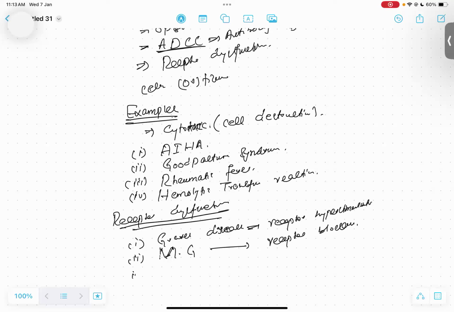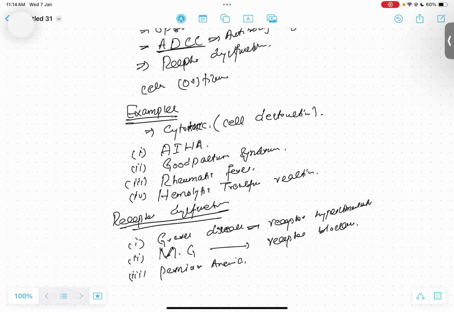And the other one is pernicious anemia, which also comes under type 2 hypersensitivity reactions. So type 2 hypersensitivity reactions are mainly antibody mediated, and these antibodies lead to destruction of different types of cells.